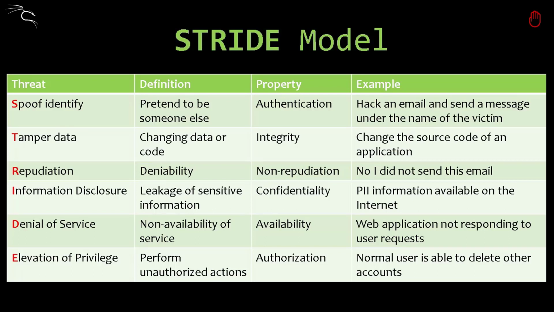Encryption and access control lists as well can be implemented to protect against information leakage. Permissions, access controls, quotas, and some filtering techniques can be employed to protect against denial of service. And to protect against elevation of privilege, we can implement the techniques of input validation and access controls.